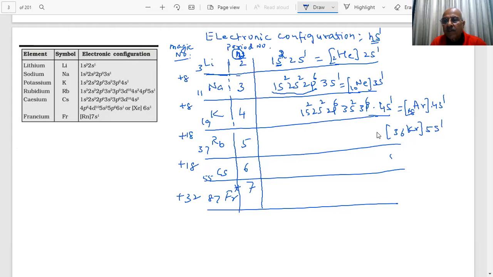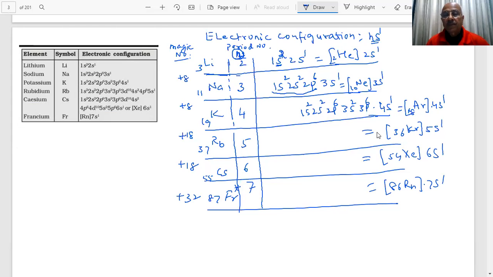What will you get? 54: helium, neon, argon, krypton, xenon. 6s1. And like this, you can write the electronic configuration. Add 32, students. What will that be? 54 plus 32 will be 86. That will be radon. 7s1. Now you see how I write the electronic configuration.